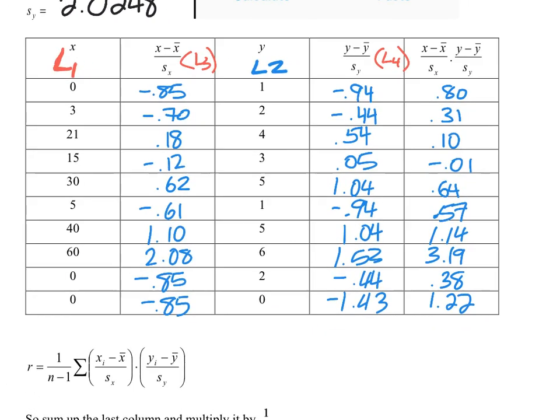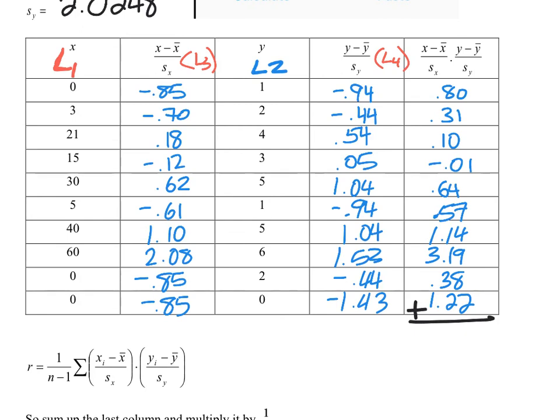So that was fun. Now we got to add all that up, but we're not really going to add it all up. How are we going to do it? We're going to use the sum function in our calculators. So second stat, math 5.